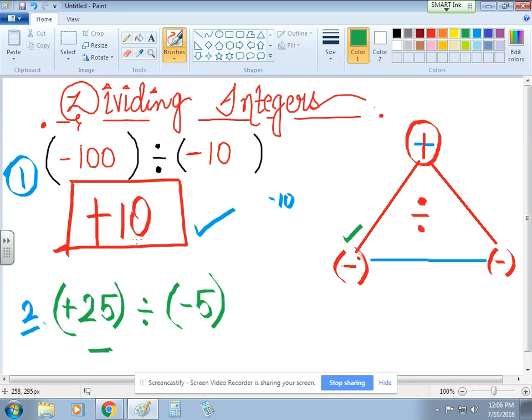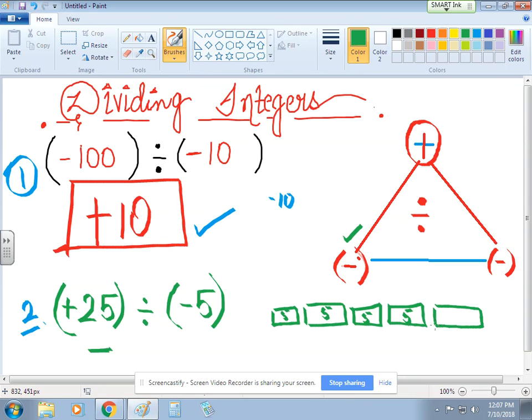Now, 5 times what is 25? Or how many $5 bills do I need to make $25? So let us see. This is a $5 bill, one $5 bill, second $5 bill, third $5 bill, fourth $5 bill. I'm feeling like I'm rich right now.